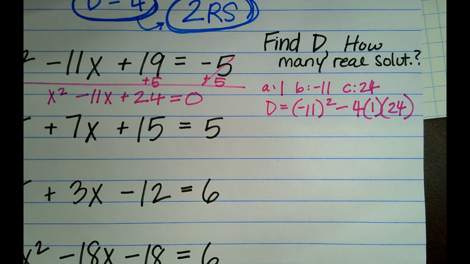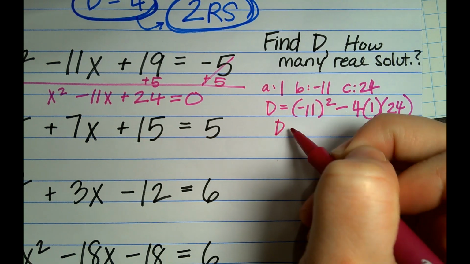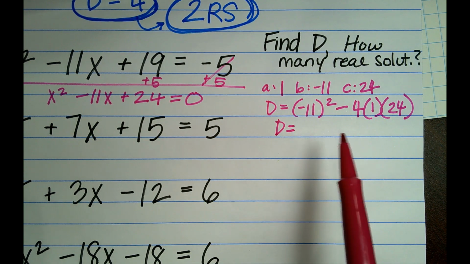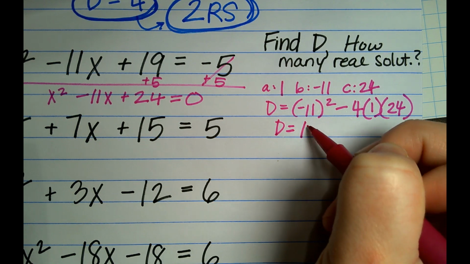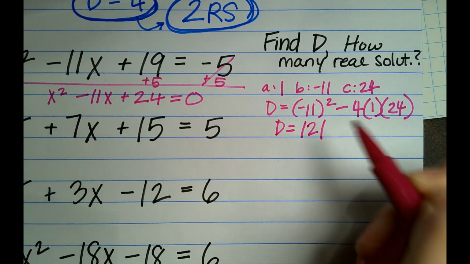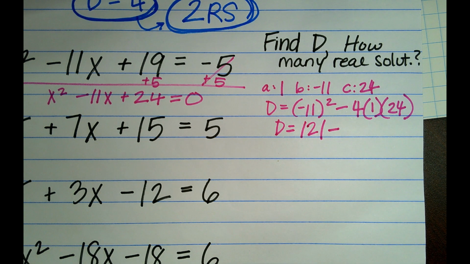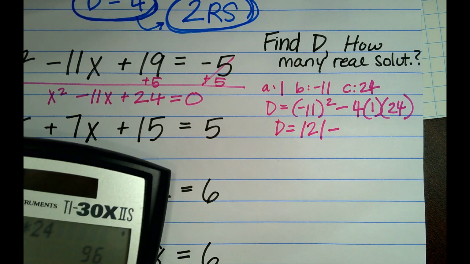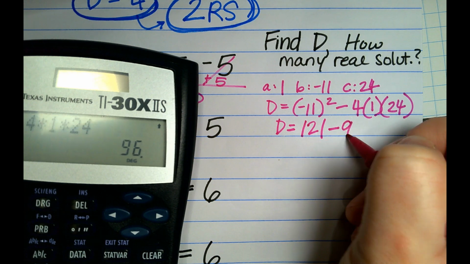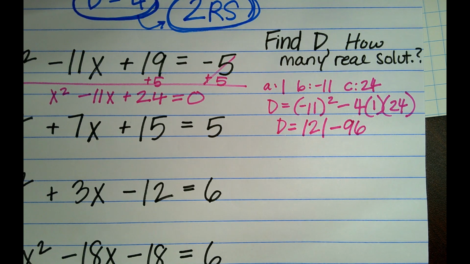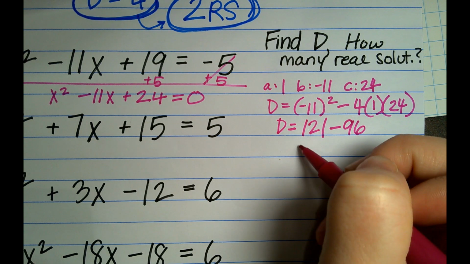Then I did negative 11 times negative 11, which gives me positive 121. Perfect, 121. And then I took my negative 4 and multiplied it by 1, and then also by 24. Perfect. And I got negative 96. Perfect, negative 96, which is 25. 121 minus 96 is 25.